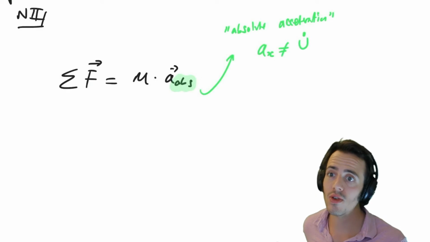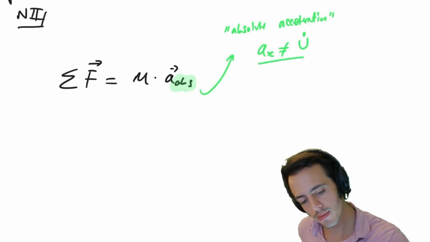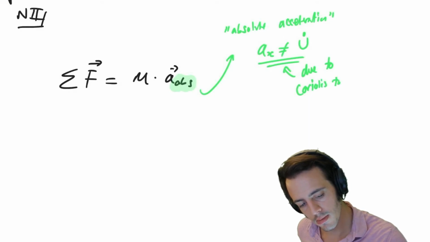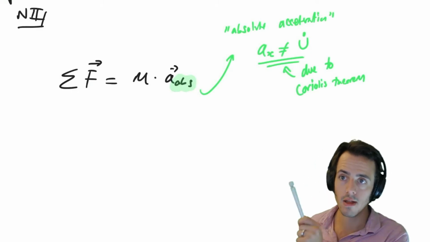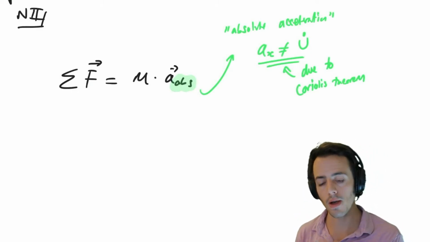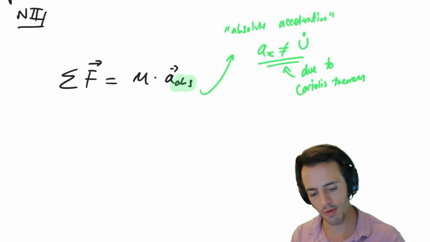Because we've got other effects that occur because of aircraft rotation. We say due to Coriolis theorem. And you probably are going through very similar applications of this in spacecraft dynamics at the moment, and we're going to go through it in this course as well. Okay, so we need to work out how we define absolute acceleration for our aircraft.